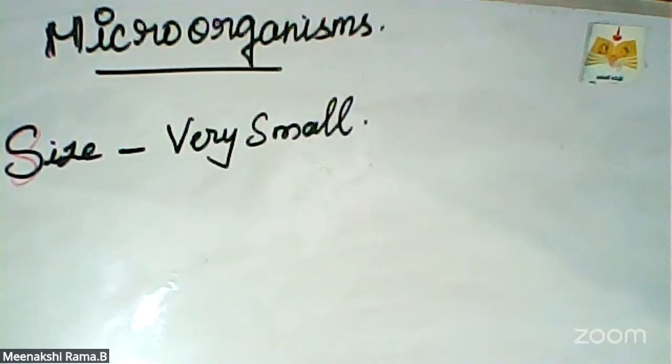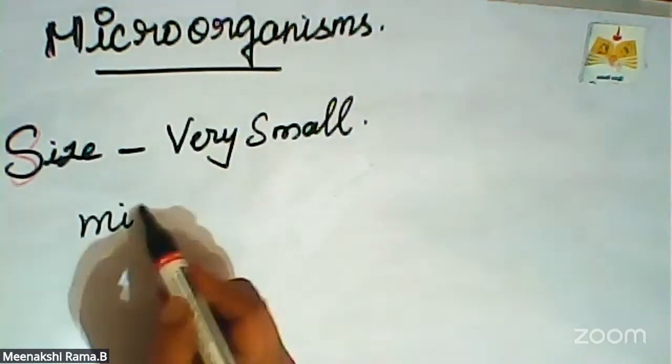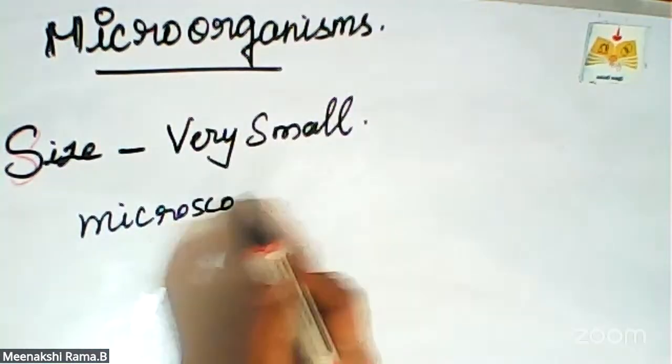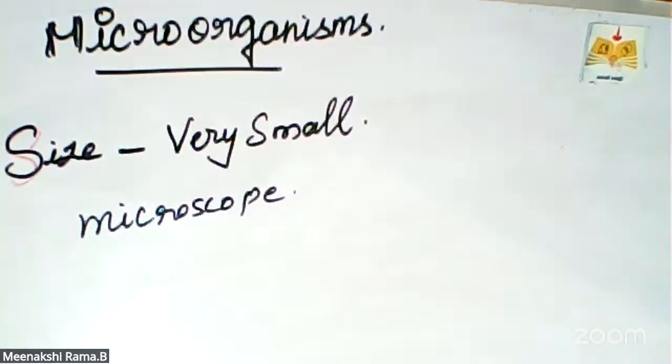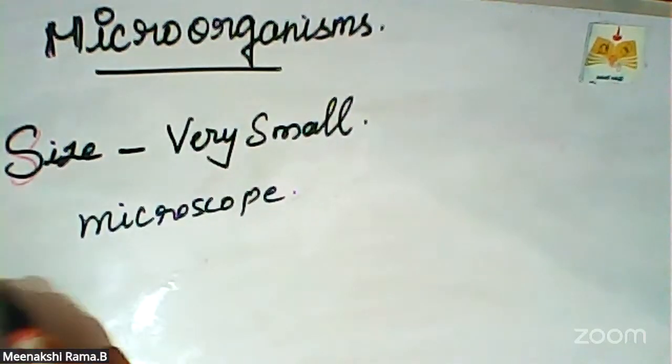Microorganisms are very small in size. They can't be seen with the naked eye; they can be seen only with the help of a microscope. They are found in air, water, soil, and even in our body also.